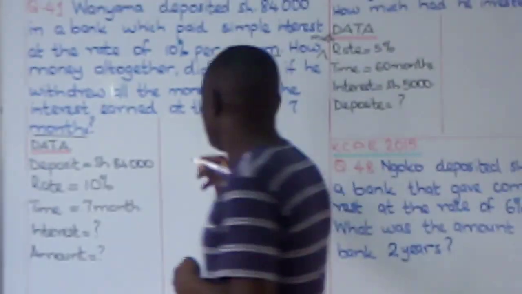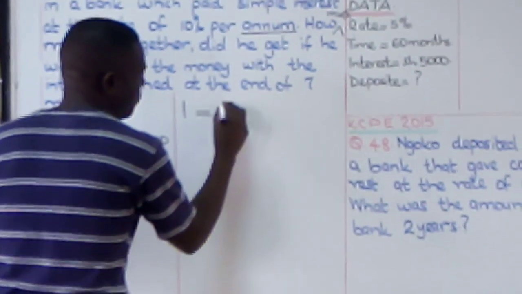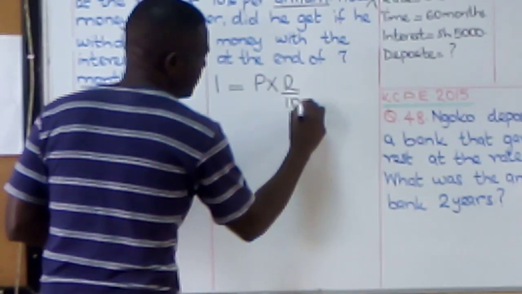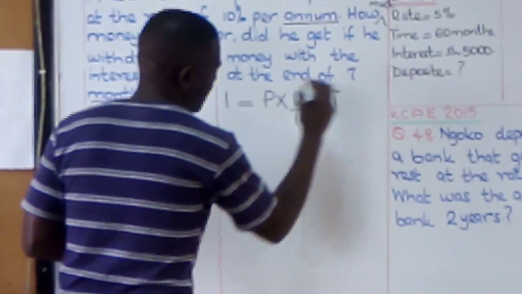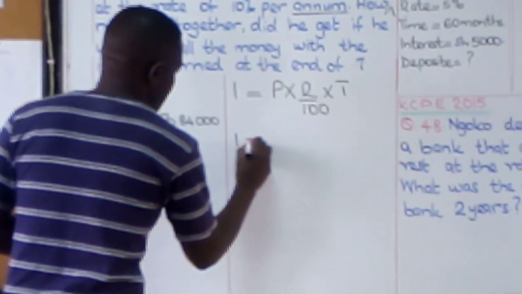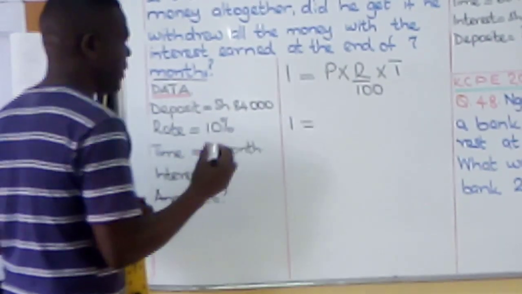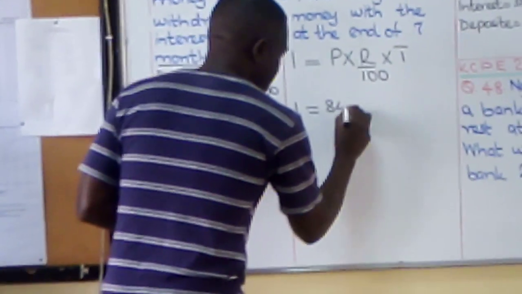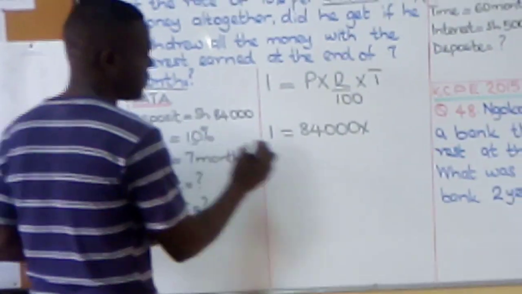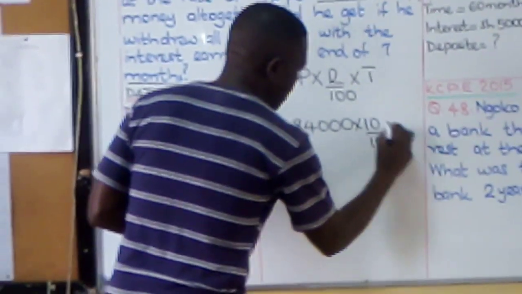Right? So the formula, as when I say interest is equal to principal multiplied by rate over 100 multiplied by time. Yes? And then principal here, the other name of principal is deposit. So 84,000 shillings by the rate, that is 10 over 100, multiplied by time.